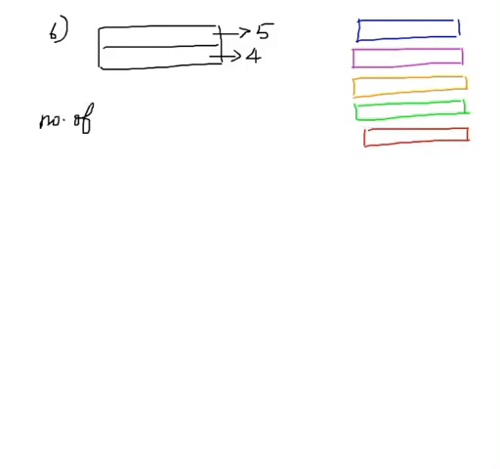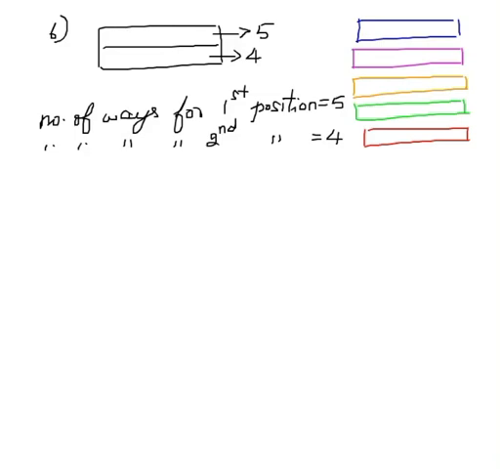So number of ways for the first position is equal to 5. Number of ways for the second position in the flag is equal to 4, because I cannot use the same color again.